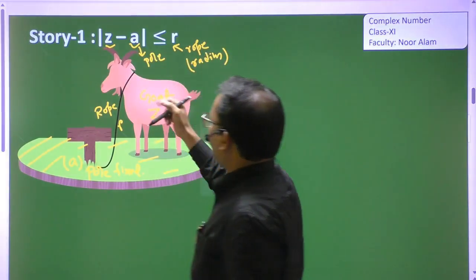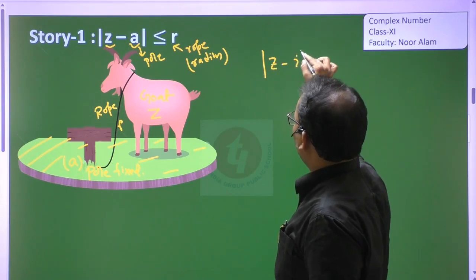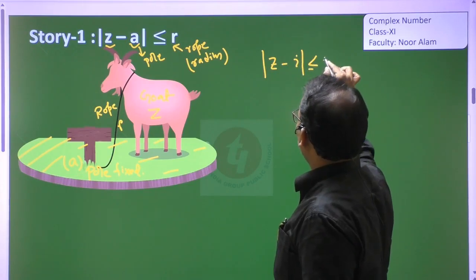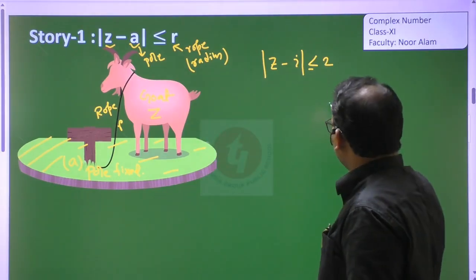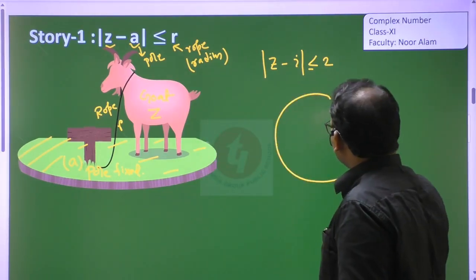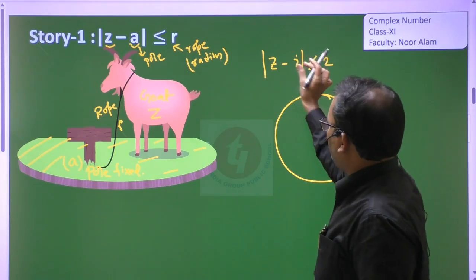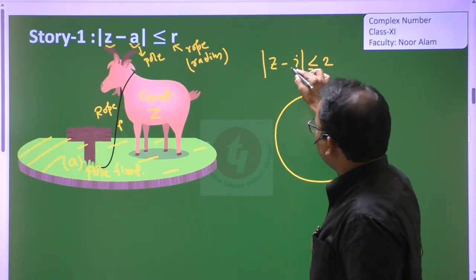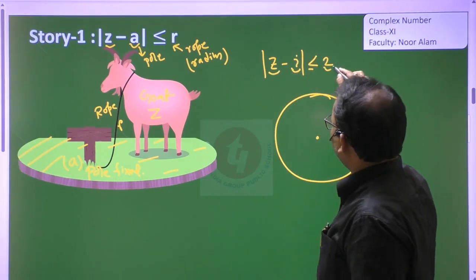So when we have, suppose, mod of z minus i less than or equal to 2, if I ask you what it says, it is actually a circle. This is the center, which is given as i, this is the moving point z, and this is the radius.